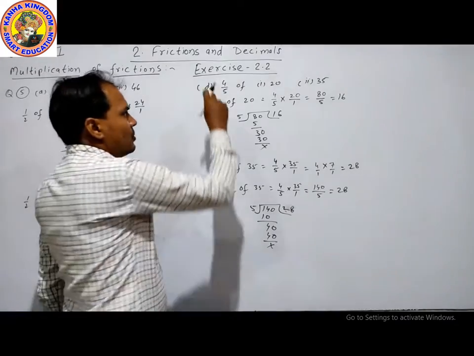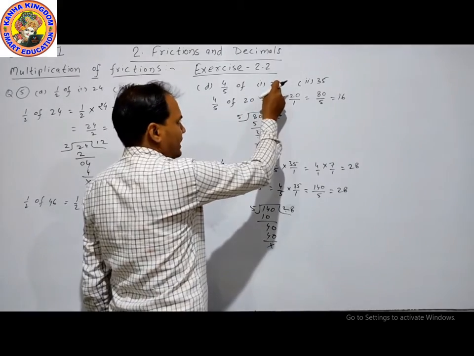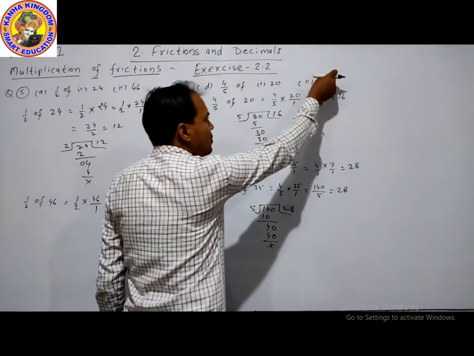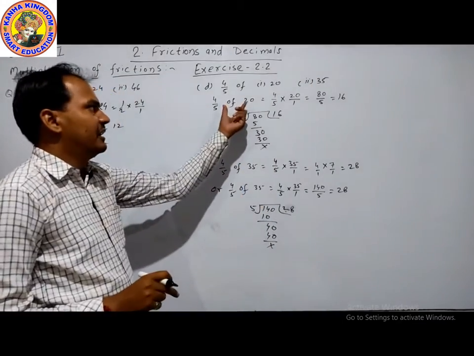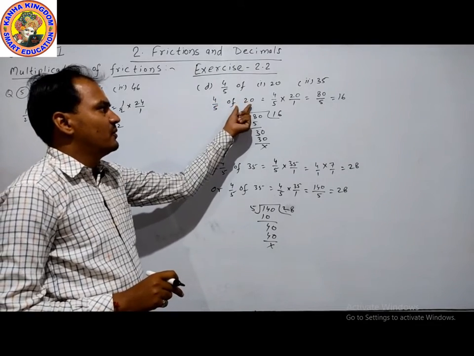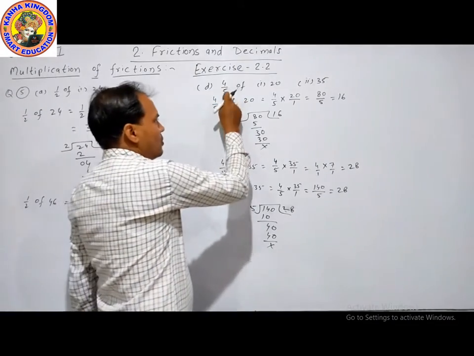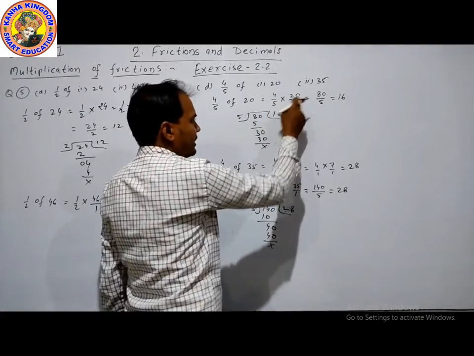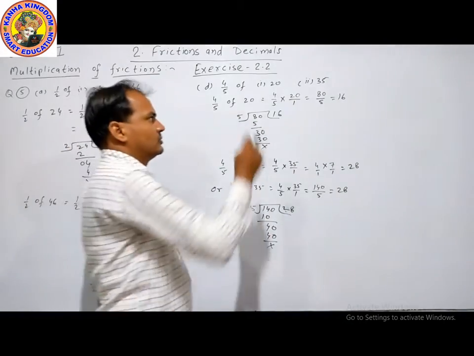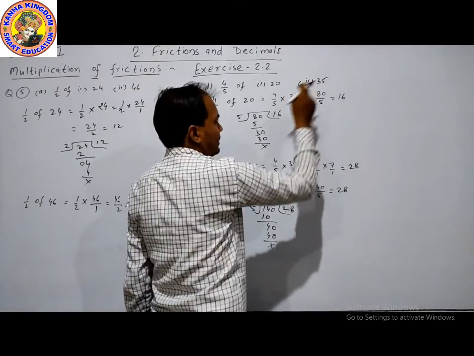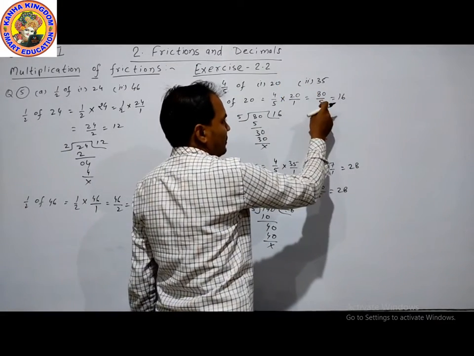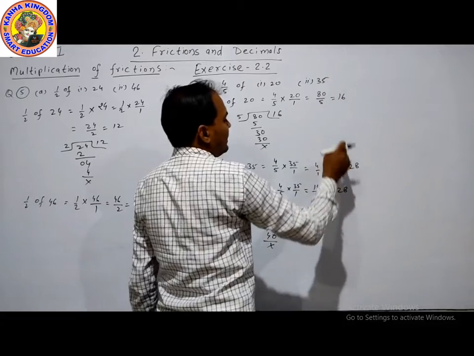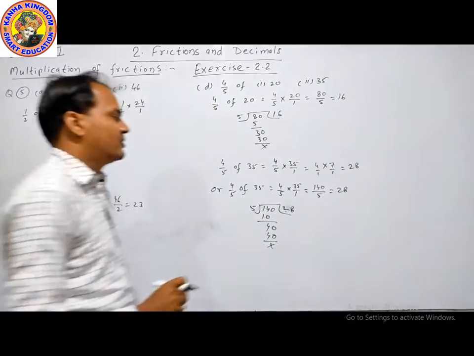Next question is 4 by 5 of 20 and 4 by 5 of 35. Attempting the first question, 4 by 5 of 20. "Of" will be replaced by multiply. 20 converted into a fraction. 4 into 20, 80. 5 into 1, 5. When we divide 80 by 5, answer is 16.